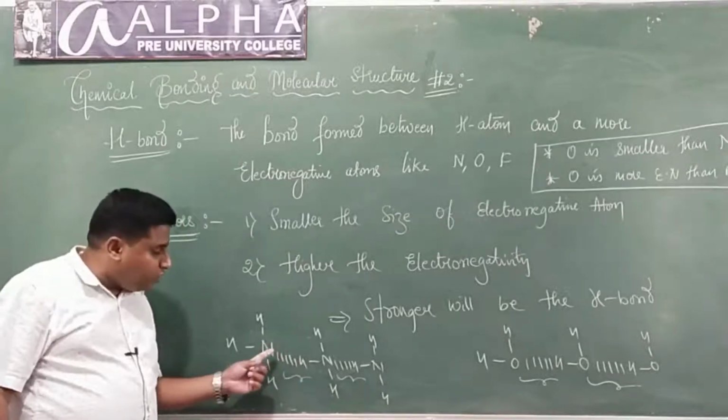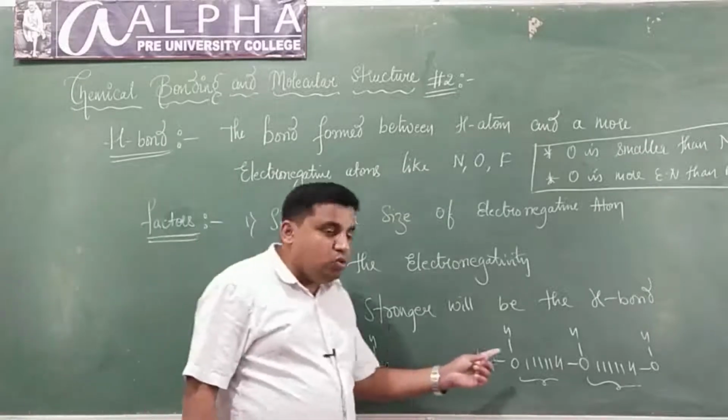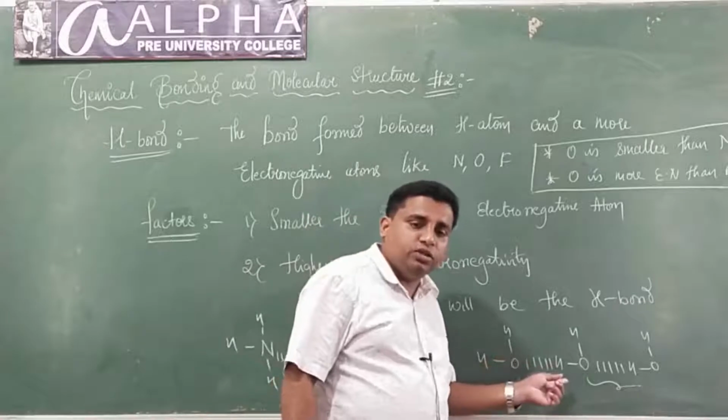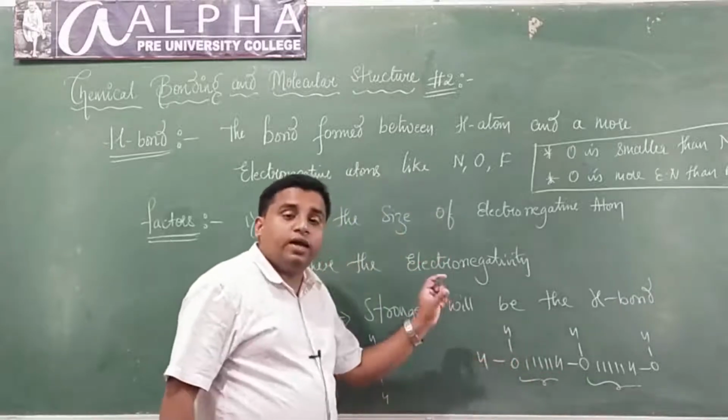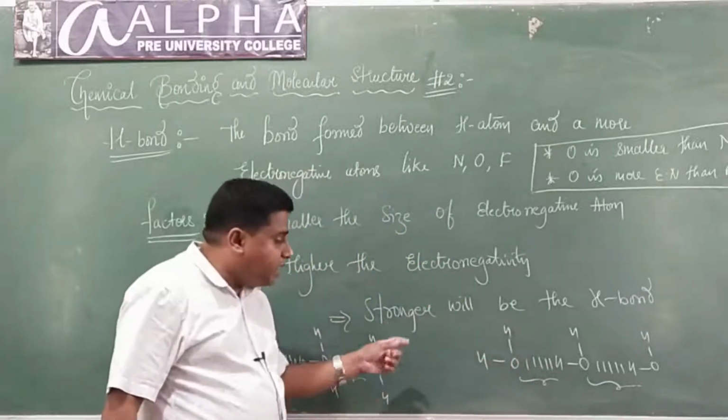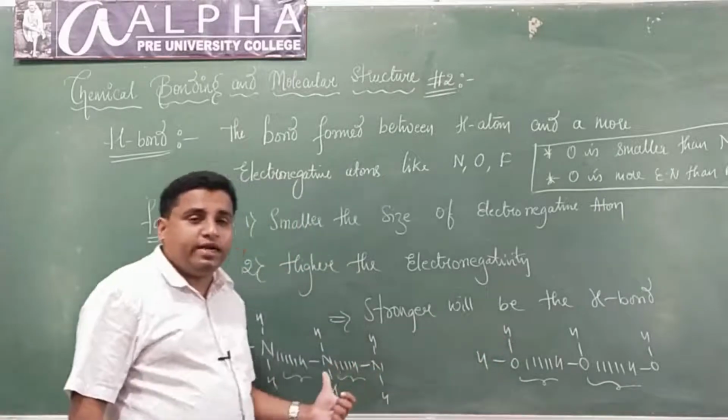In ammonia molecules there is nitrogen and hydrogen, and in water molecules there is oxygen and hydrogen.